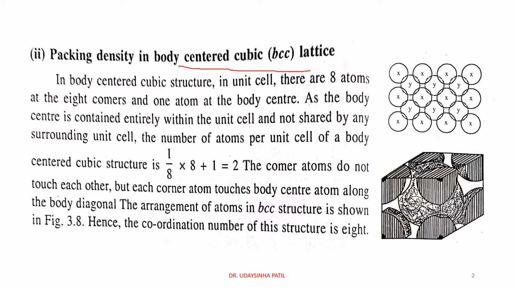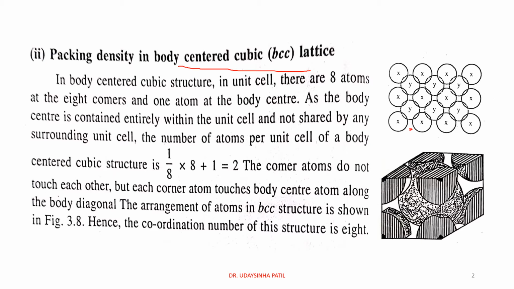We know that in the body-centered cubic lattice, this is the actual arrangement of stacking of layers, layer X and layer Y, and there is a small gap maintained between the equidimensional spheres.